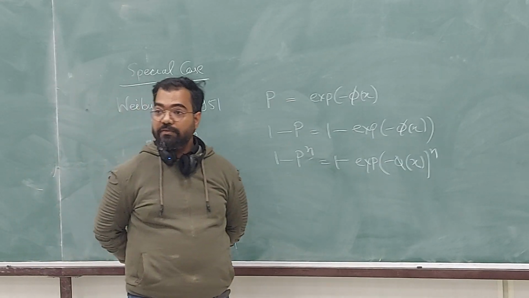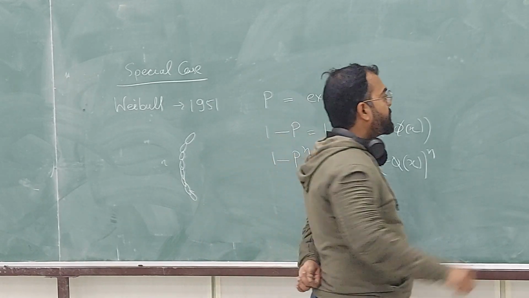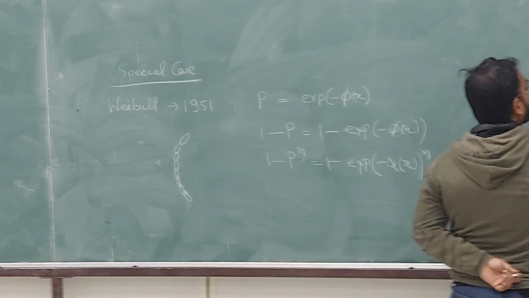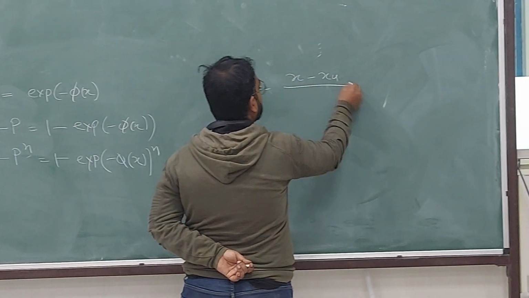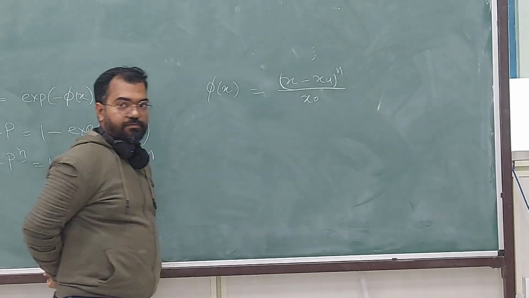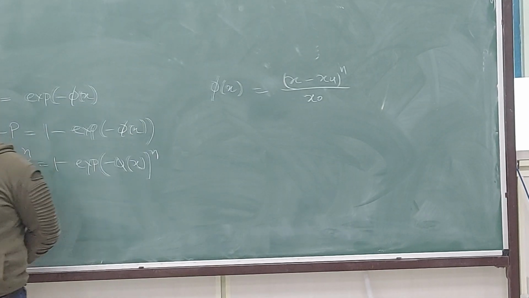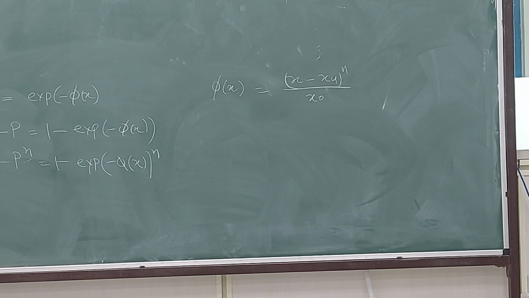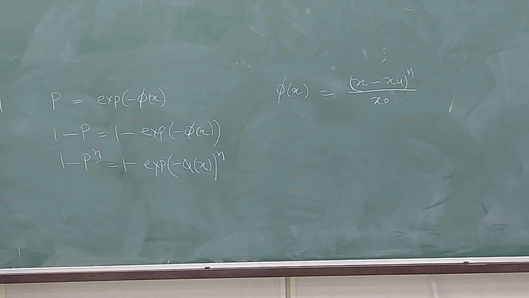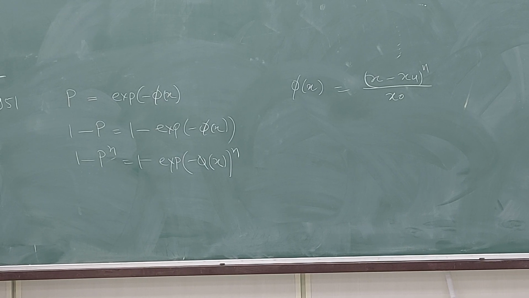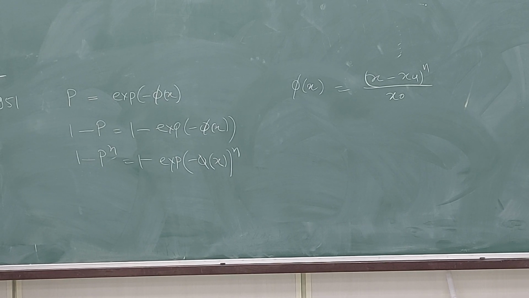And he also gave the phi function, which is a very simple function, equal to x minus xu to the power n divided by x naught. What is x naught? These are some statistical things. X naught is a reference value. Okay? And xu defines the failure, the property from which you are defining the failure of the link.